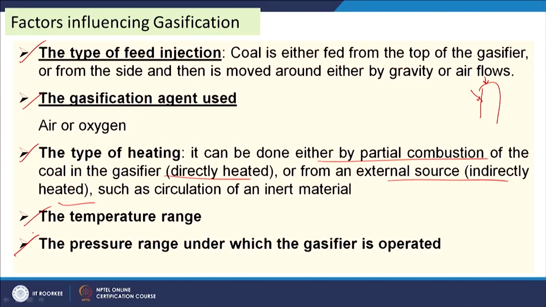So, these are different parameters which influence the performance of the gasification process. Different types of gasifiers have been tested, developed and used for coal gasification, and different efficiencies have been achieved. Now, what are the advantages of this process?